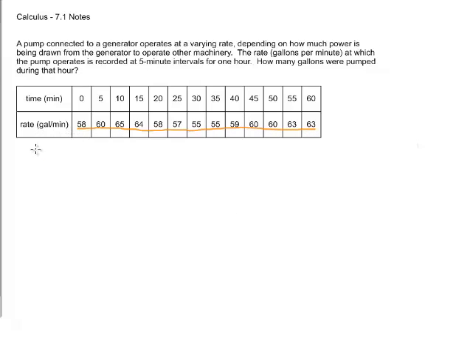So here's what we do know. We know that gallons pumped is equal to the integral from 0 to 60 of our rate function. And that rate function is going to be over time.